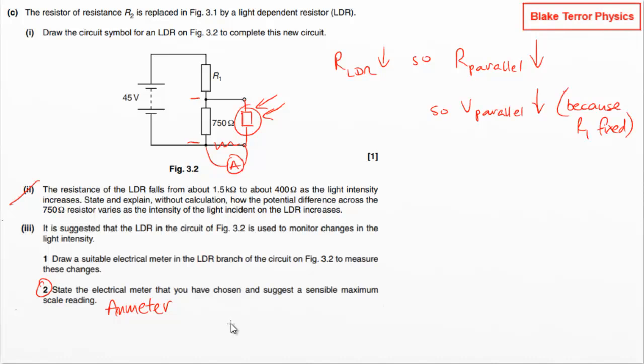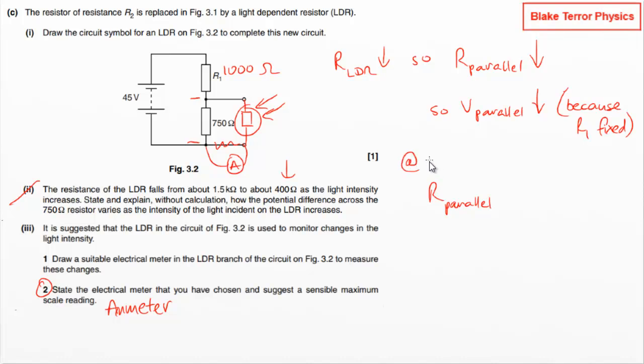Right, maximum reading. Well, we're going to get a maximum current when we're down at 400 ohms. So what current are we going to get if we've got 400? So this was 1000, wasn't it, here? So we need to get R parallel.